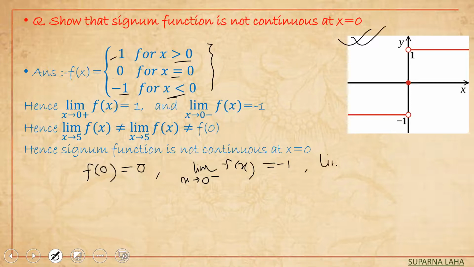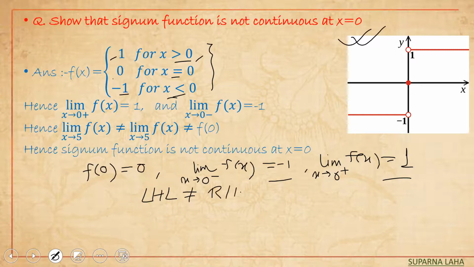Check the right hand limit, limit x tends to 0 plus f of x: for x greater than 0, the functional value is 1. Now check, these two are not equal. That is, left hand limit is not equal to right hand limit. Hence we can say this limiting value does not exist and it is not equal to f of 0. Hence the function is not continuous at x equals 0.